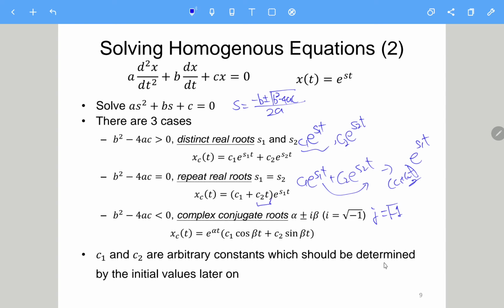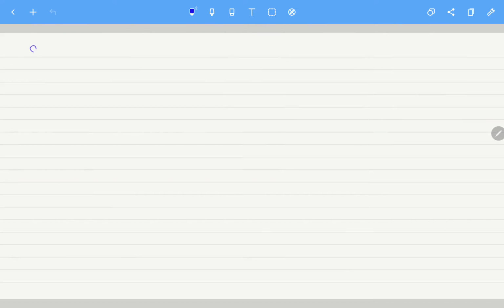Okay, so now we know s1 and s2 are alpha plus or minus j beta.